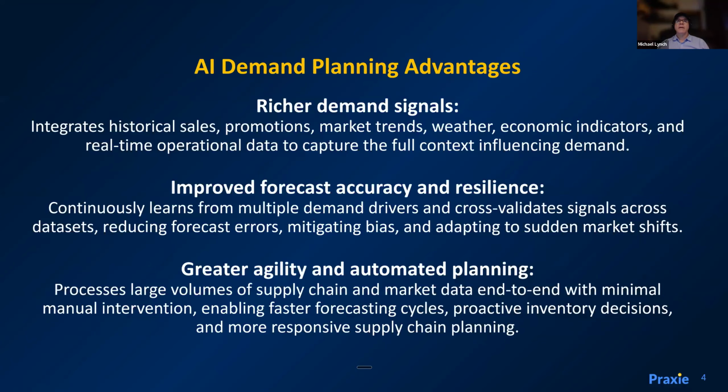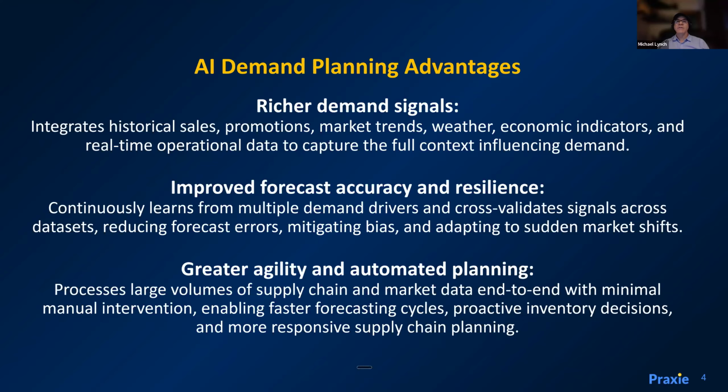AI demand planning gives you a number of interesting advantages over traditional demand planning. You can integrate lots of different historical data without having to clean it and organize it to the degree that you might have had to earlier. The AI understands the different data structures quite rapidly. One of the examples I give: if you say sales were in New York City, or in the Big Apple, or in NYC, AI will know that those are all the same place.